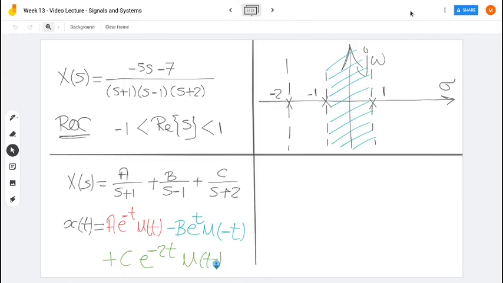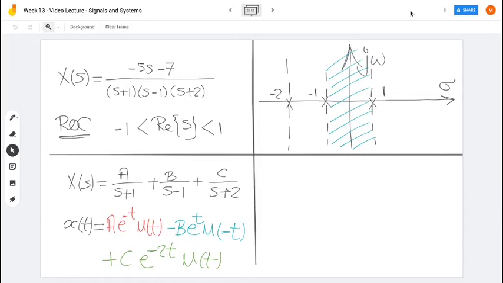And of course you can compute the constants A, B, and C very easily, but the important part here is for you to choose the correct time domain signal, be it right-sided or left-sided, based on the ROC we have. So this example will have a completely different solution if we're working in a different ROC. And as you can see over here, we actually have 4 possible regions of convergence.